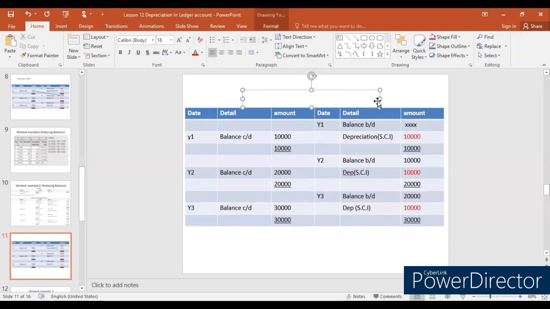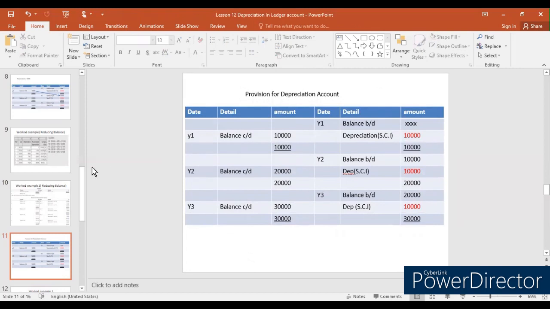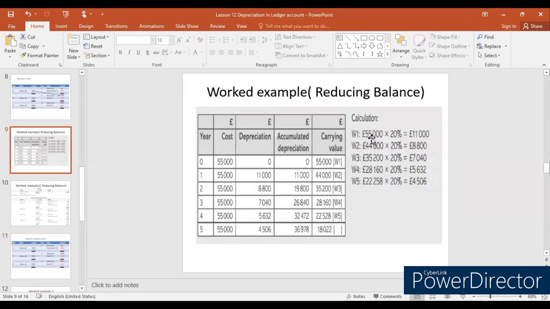Right here, provision for depreciation account. Okay, we will write here. It's easy for us to take these figures. This one I will take because it's easy.